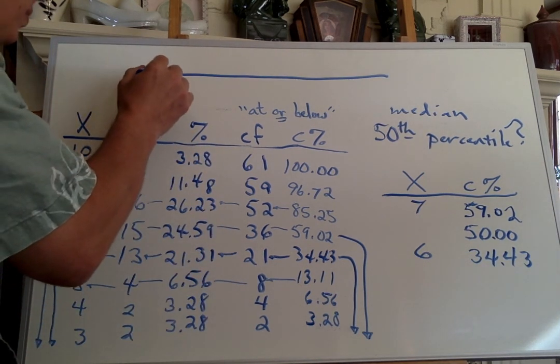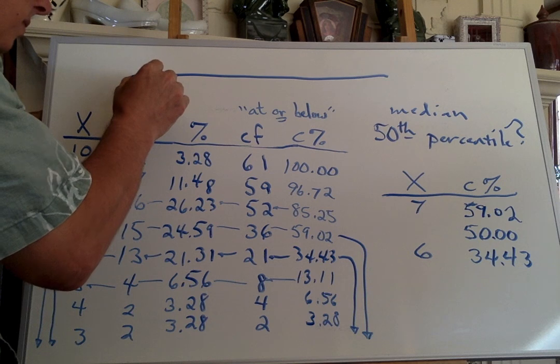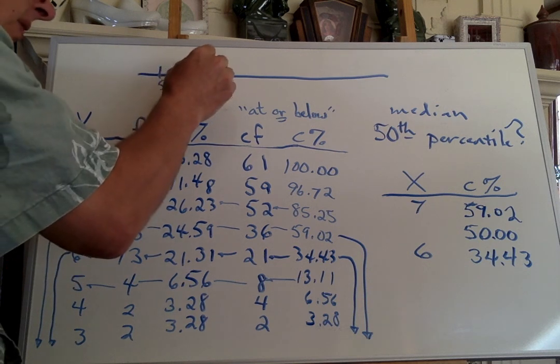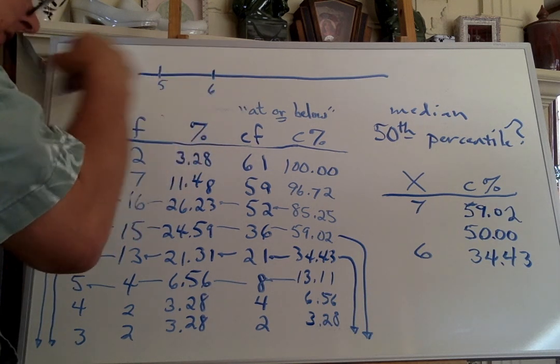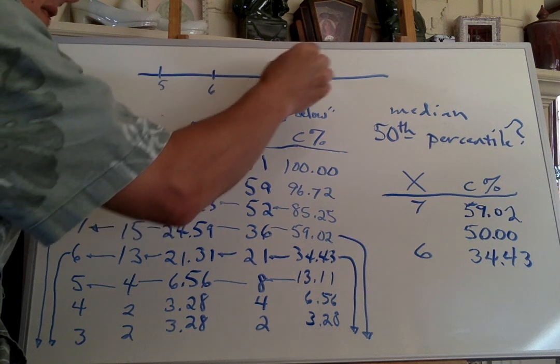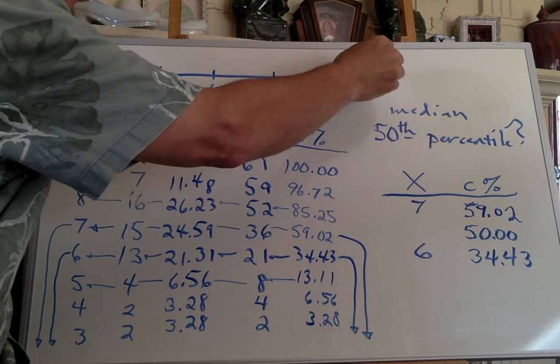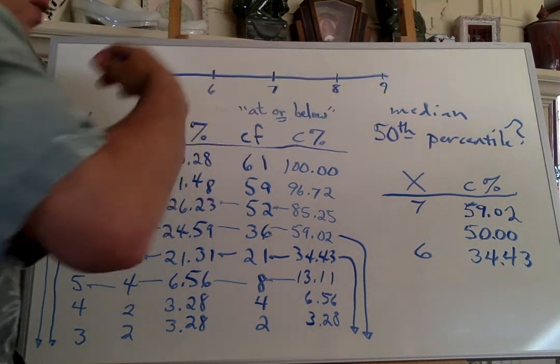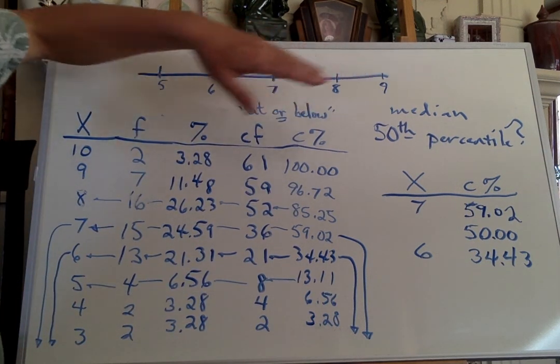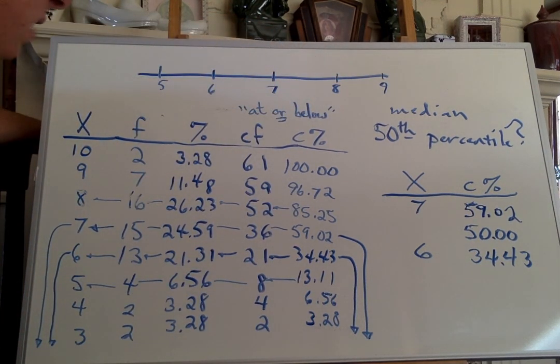And we have some people that reported a happiness of 5, and some people that reported a happiness of 6, and some people with 7, and some people with 8, and some people with 9, and so on and so forth. But this is just a segment of our continuous number line, okay?